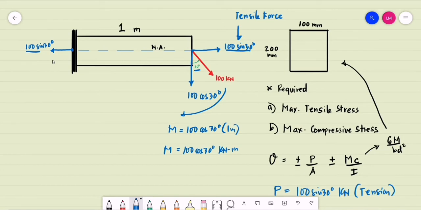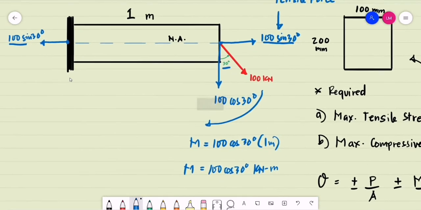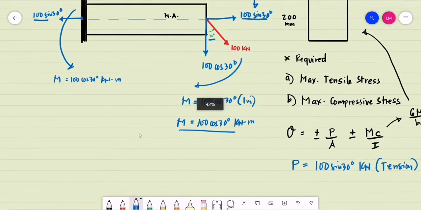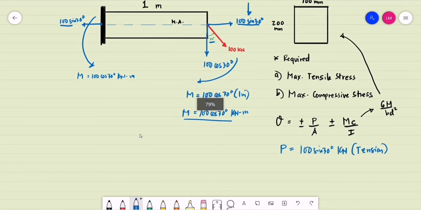Again, if we do the summation of moment at the fixed support, the moment reaction at the fixed support will be a counterclockwise moment of the same magnitude, 100 cosine of 30 degrees kilonewton meter. If we observe these two moments at both ends of the beam, it will give a negative bending moment.